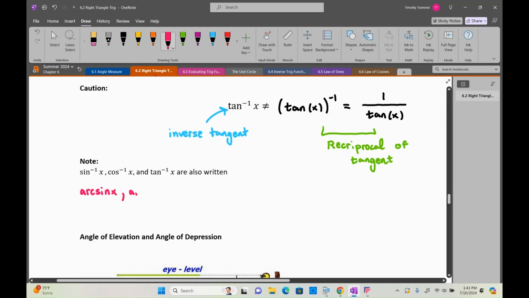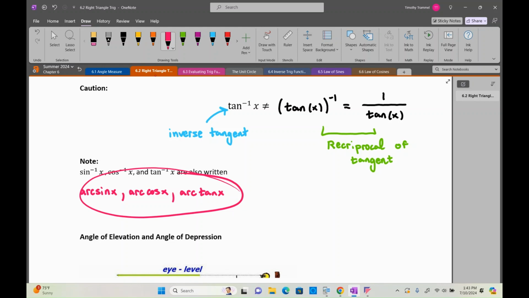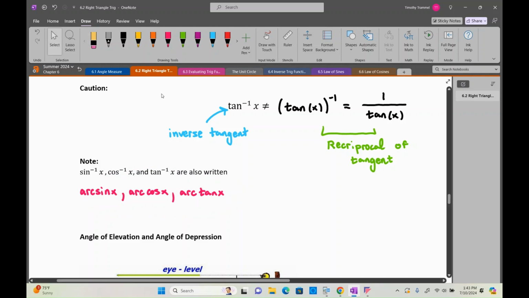It means the exact same thing. I would consider this an older notation, but it does have a benefit. Its benefit is that we won't mix up now the inverse with the reciprocal. Okay. So there is a benefit to that notation, but we probably won't see it a lot.